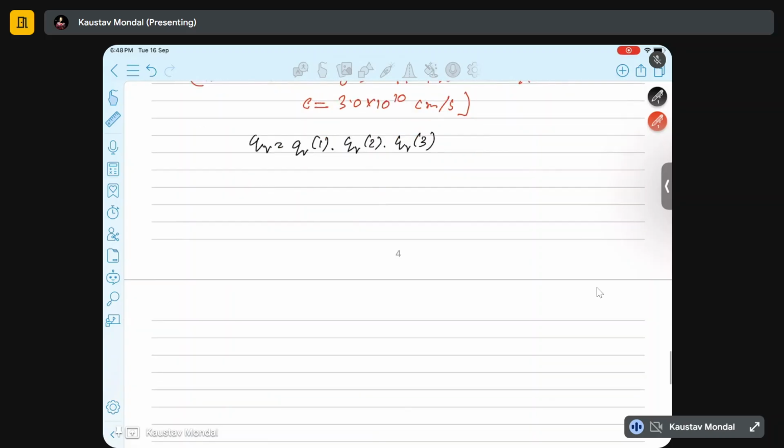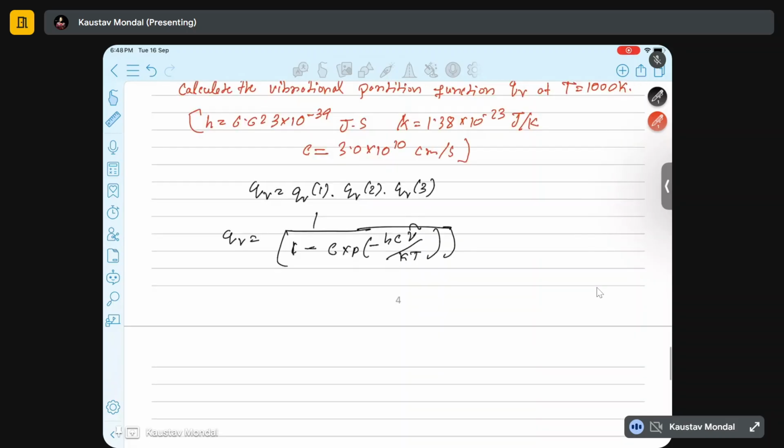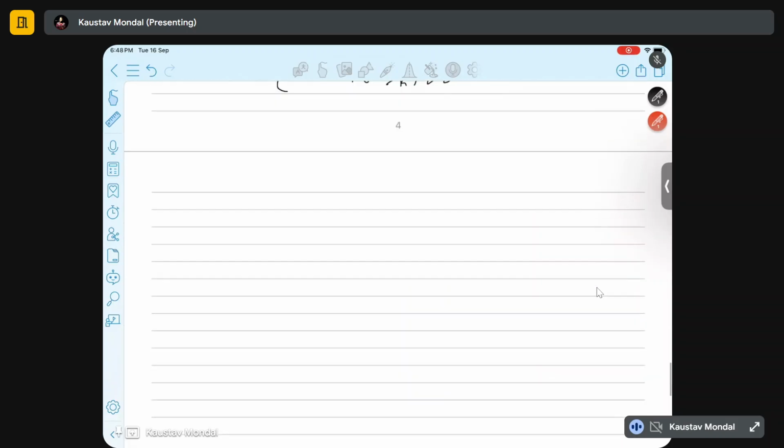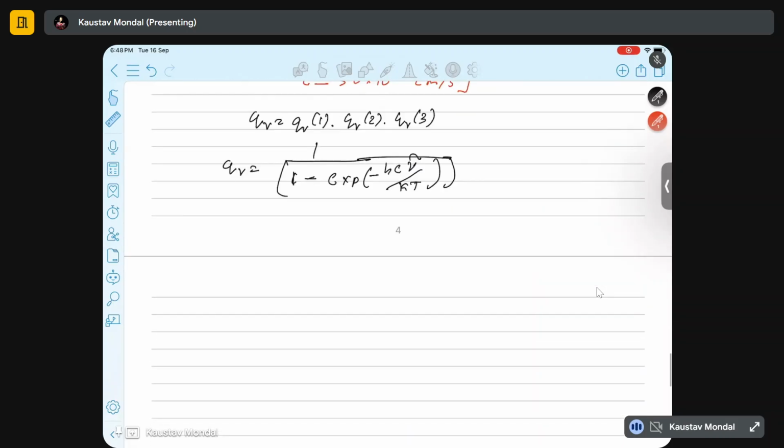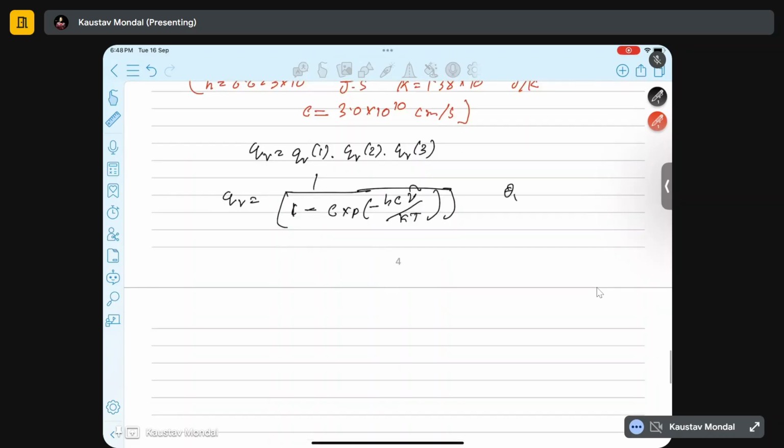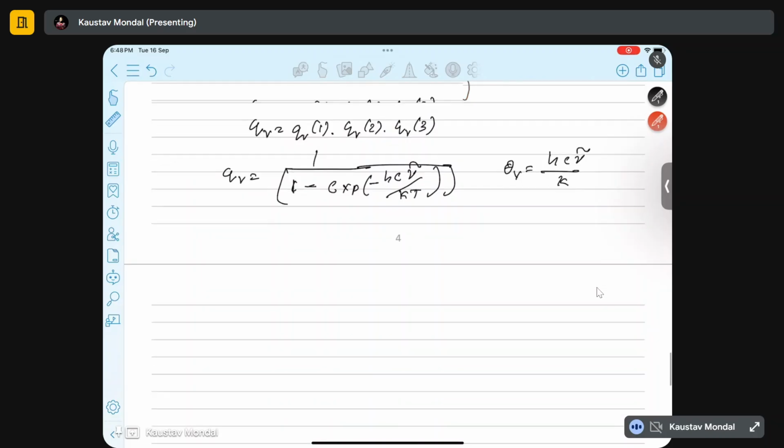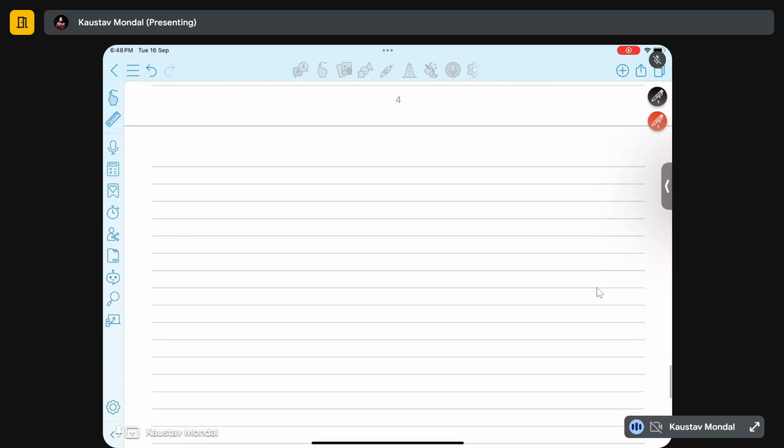So the expression of QV looks like this: QV equal to 1 by 1 minus exponential e to the power minus hc nu tilde by kT. Now the theta V, the vibrational temperature, is given by theta V equal to hc nu tilde by k. The same thing will be followed here also.